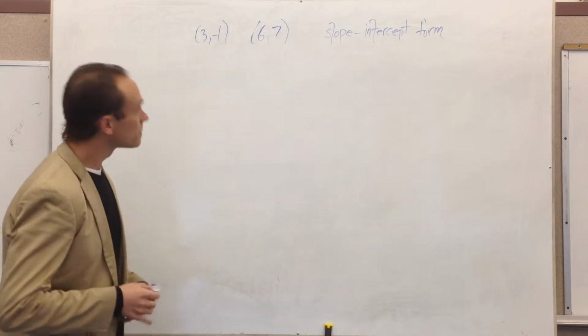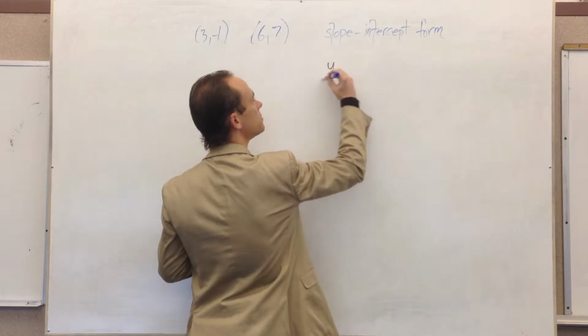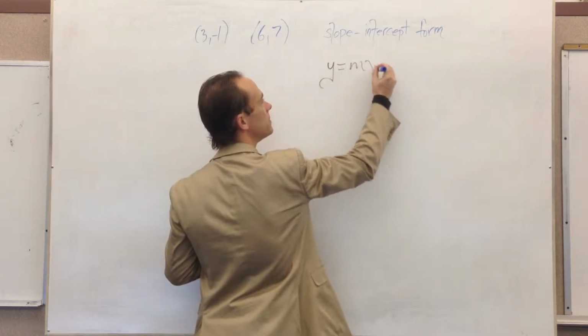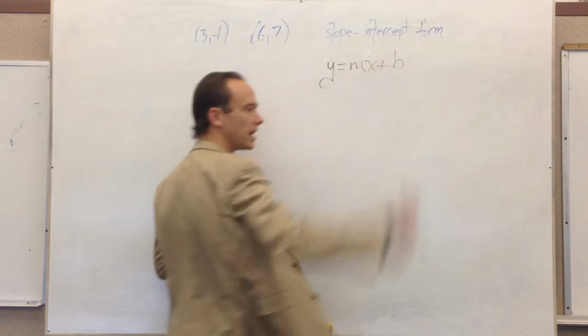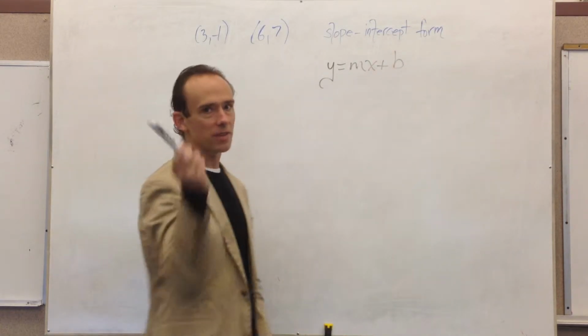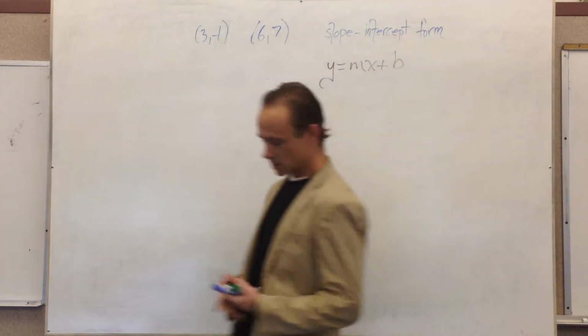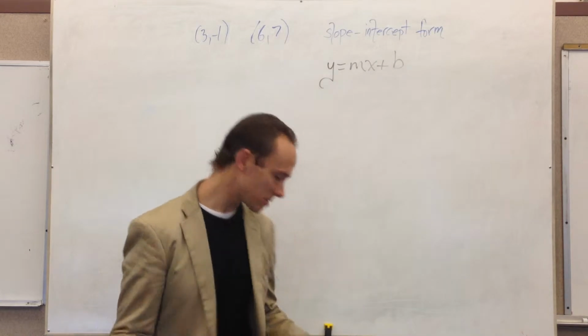So let's get it. Slope-intercept form looks like this. Hopefully it looks familiar. y is equal to mx plus b. And I know what you're thinking. You're thinking, Mr. Miller, 1, that marker's not good enough. It's not new enough. I agree. I'll try this one. 2, why do they call it slope-intercept form?